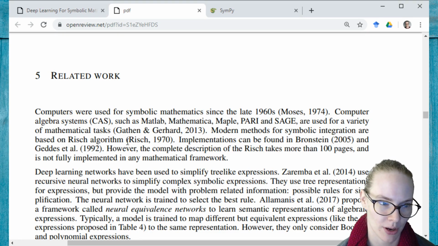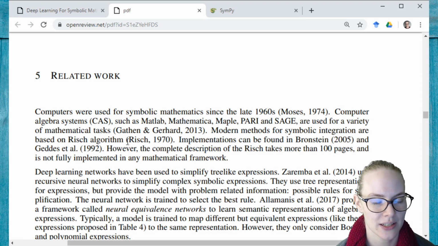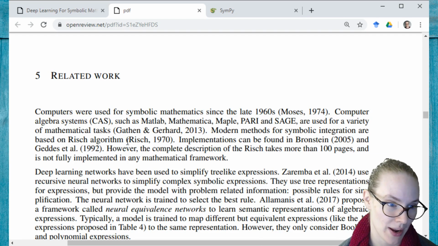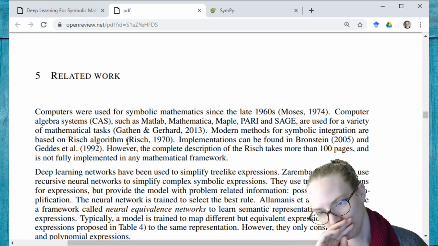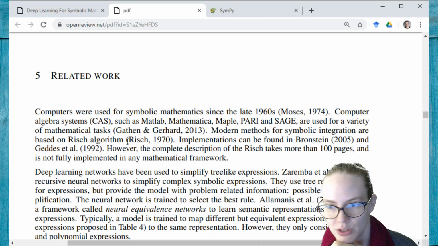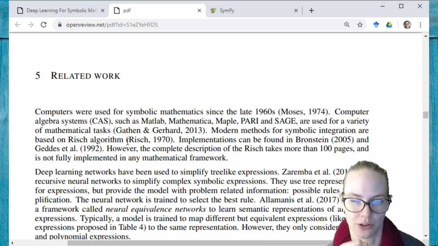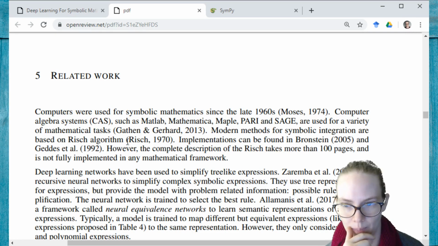Implementations can be found in Bronstein and Geddes et al. 1992. However, the complete description of the Risch algorithm takes more than 100 pages and is not fully implemented in any mathematical framework. Okay, so when I was wondering what Mathematica and MATLAB are using and why they aren't talking about it, it must be a partial implementation of this solving algorithm.